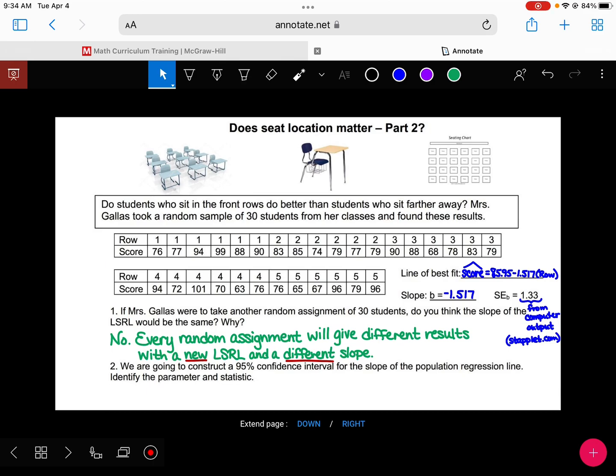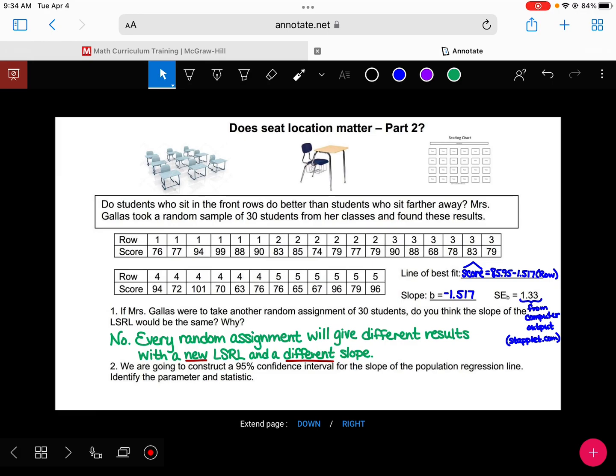We're going to learn how to construct a confidence interval for the slope of the population least squares regression line. If I want to construct a confidence interval for the slope, what is my parameter? Beta.